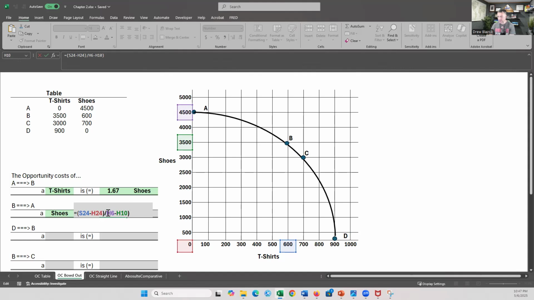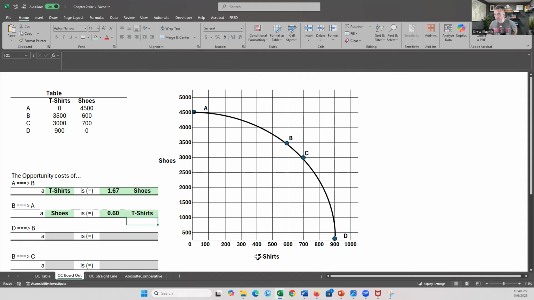Make sure you bracket those, or you could just calculate them in your head. You could see what it is. So the opportunity cost, we're going from B to A, I'm getting more shoes. So the opportunity cost of a shoe, because I want to produce more shoes, for one shoe is 0.6 t-shirts. So that would be the correct answer.